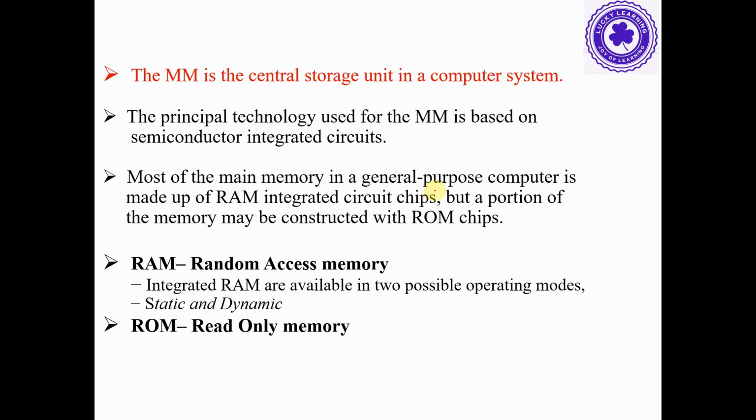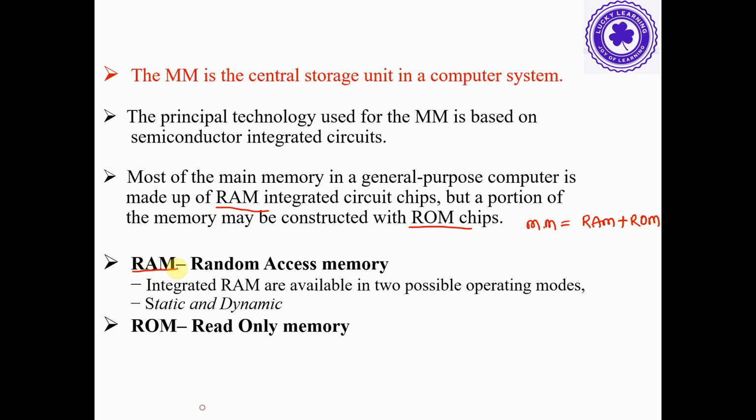Most of the main memory in a general purpose computer is made up of RAM integrated circuit chips, but a portion of the memory may be constructed with ROM chips. It means main memory is not only RAM, it is a combination of RAM and ROM chips.